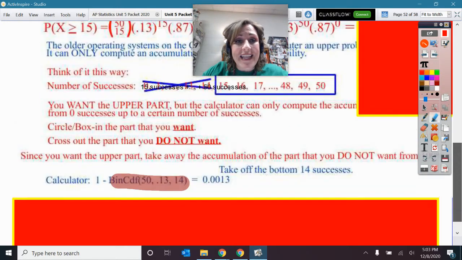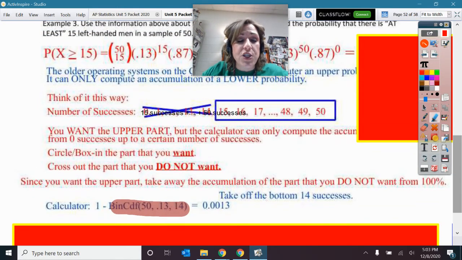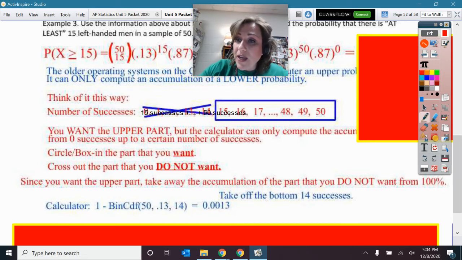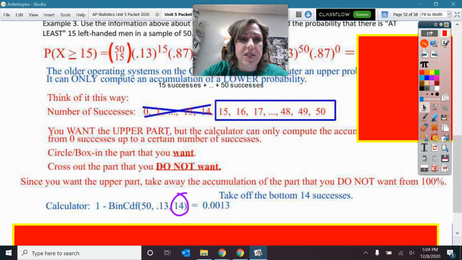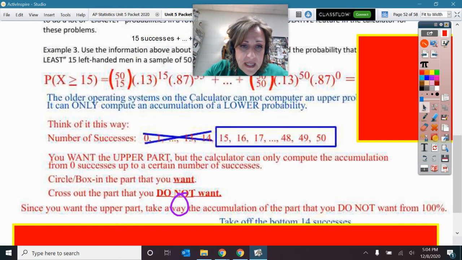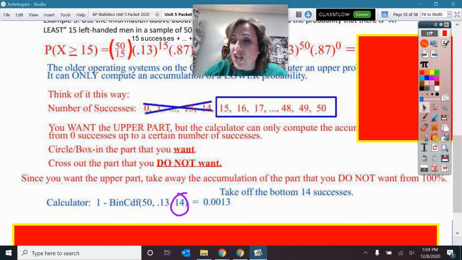And so what again do I not want? I want to take off 14 and below. So see, that's why it's really important to pay attention to what you are crossing out. I was crossing out 14 and below. So therefore, this number is 14, not 15.